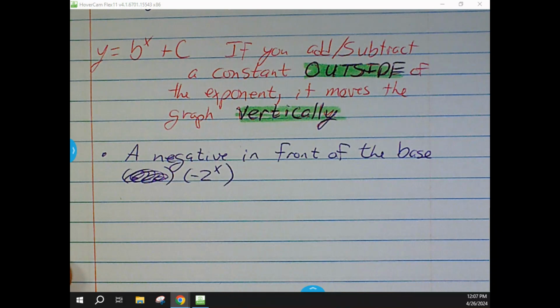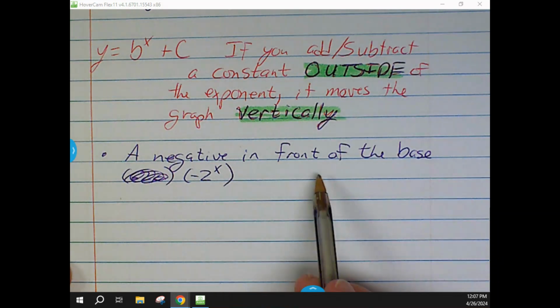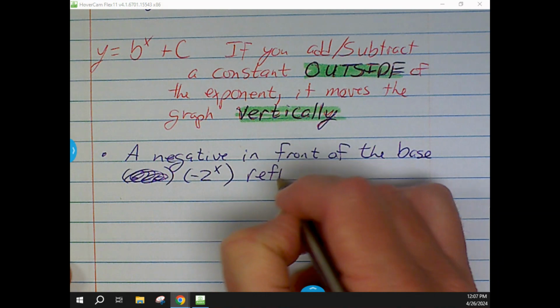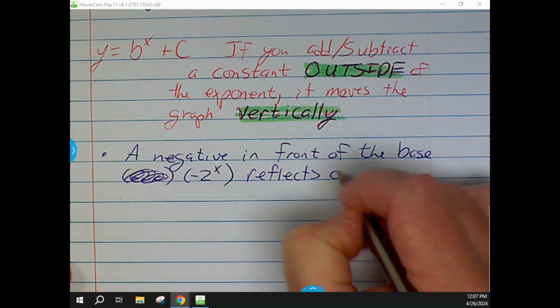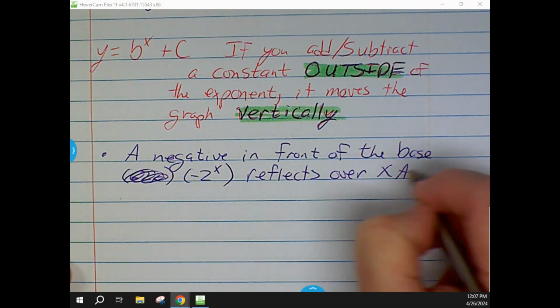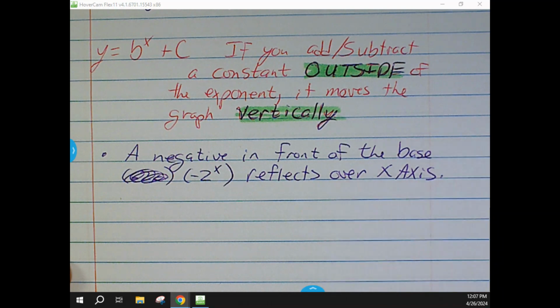There we go. So if you have something like that where the negative is out in front of the number, that reflects it over the x-axis. So if they put a negative out in front of the base, that's going to reflect it over the x-axis because again, it's on the outside, so it's got to go vertical.